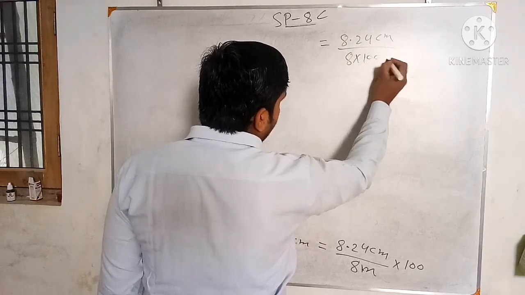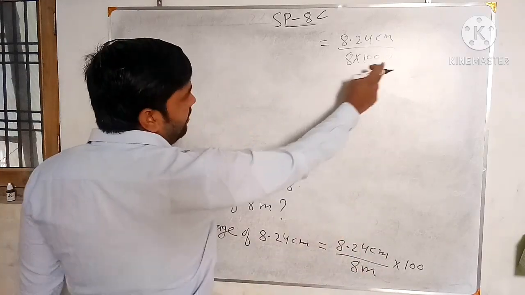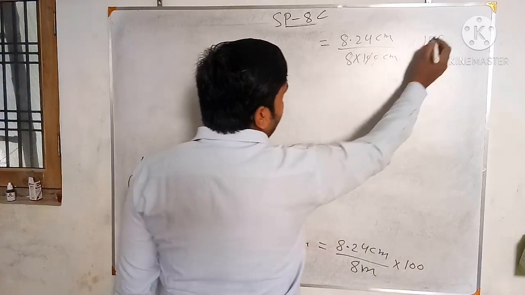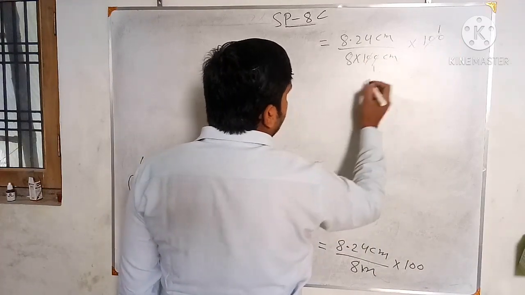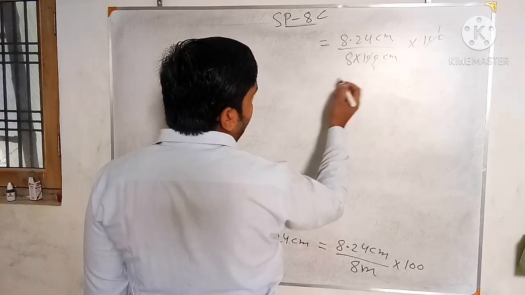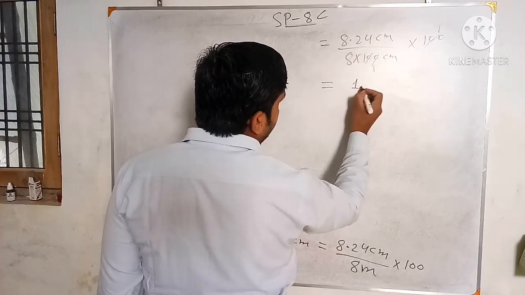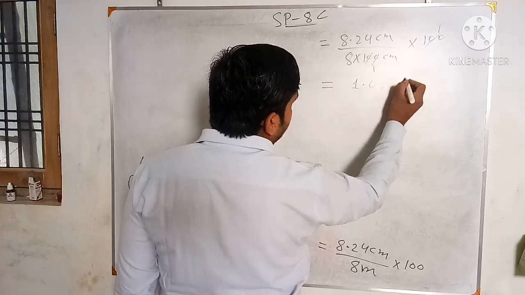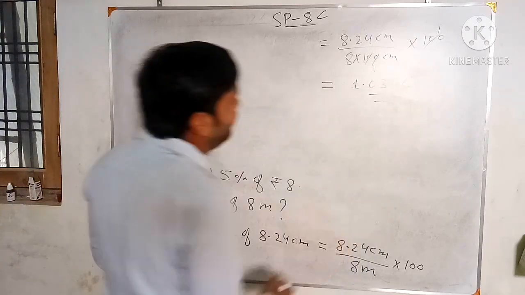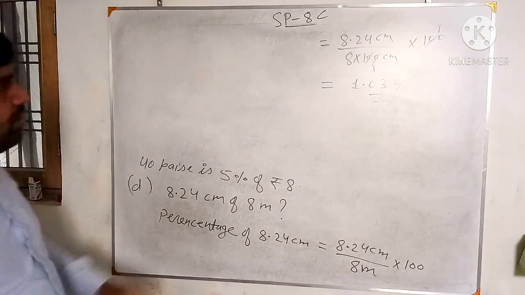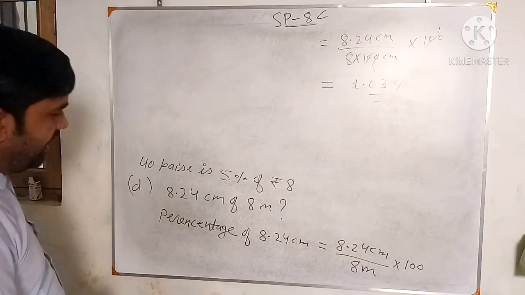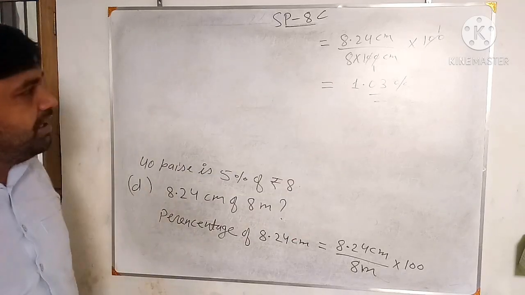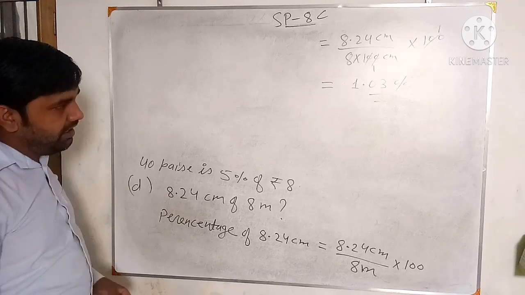In place of meter write 100 centimeter. 1 meter equals 100 centimeter, into 100. Now this 100 is cancelled one time. Now you divide 8.24 by 8. 8 ones are 8, 8 zeros are 0, 8 threes are 24. So you get 1.03%. So 8.24 centimeter is 1.03% of 8 meter. So like this you will write the answer.